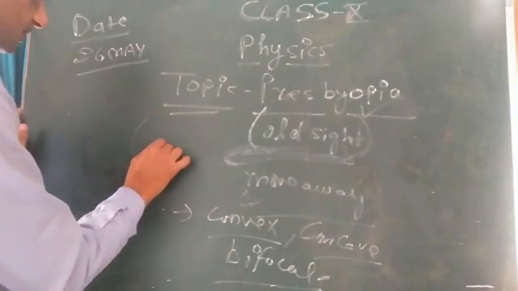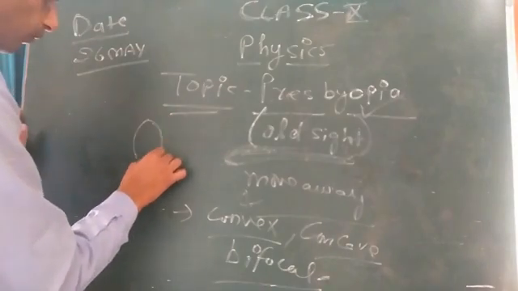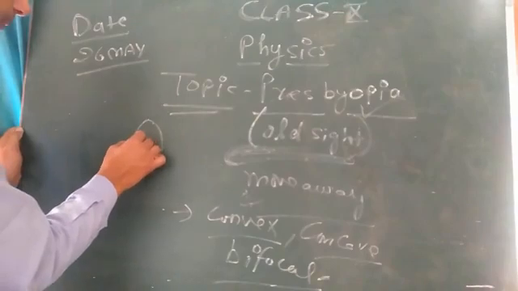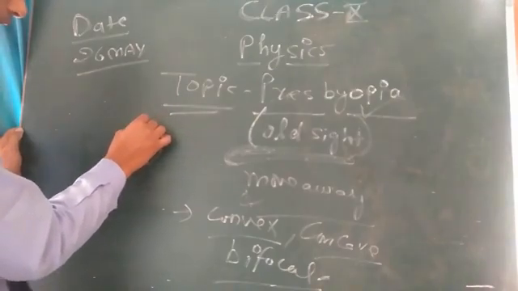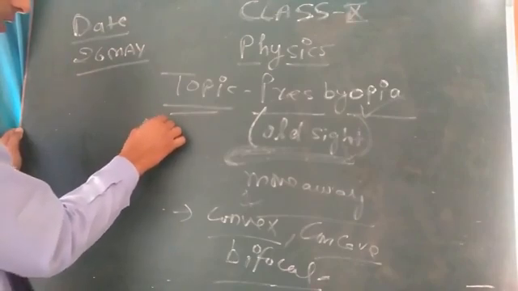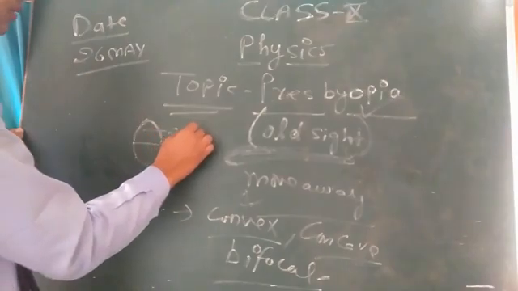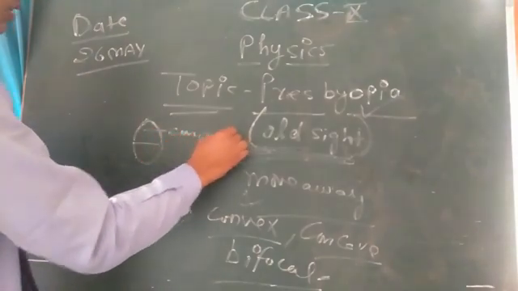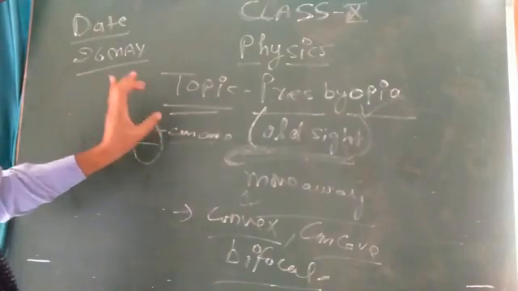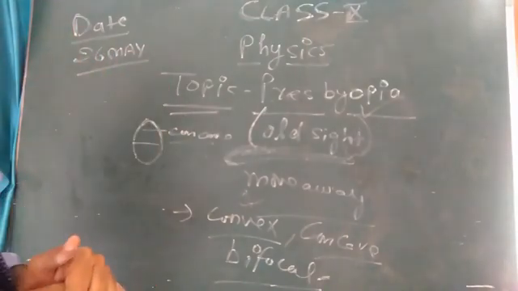This is the glass of the lens; in the upper portion we have to use a concave lens. Why concave lens? Because by using this concave lens we can see distant objects.